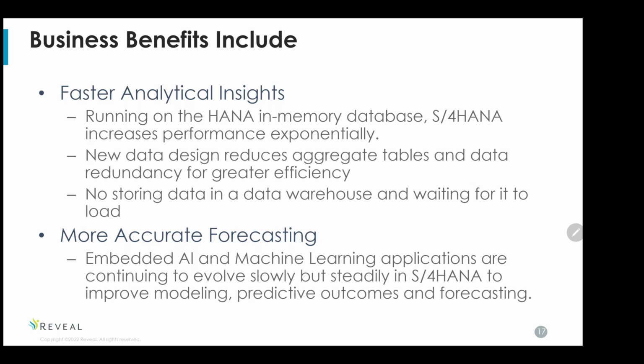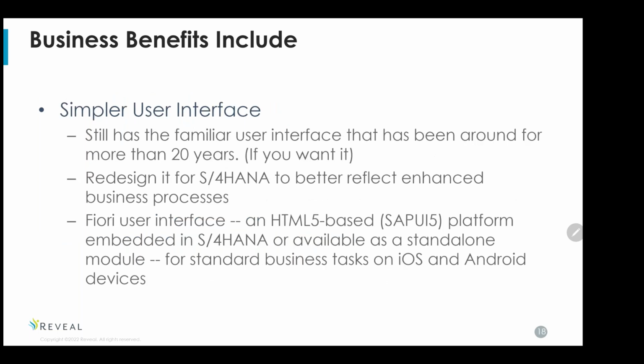How do I factor that in? With these embedded AI and machine learning applications, we can bring that information in and start to use forecasting in a different, modern, almost science fiction way. But hey, they're providing us the technology to be able to do that.